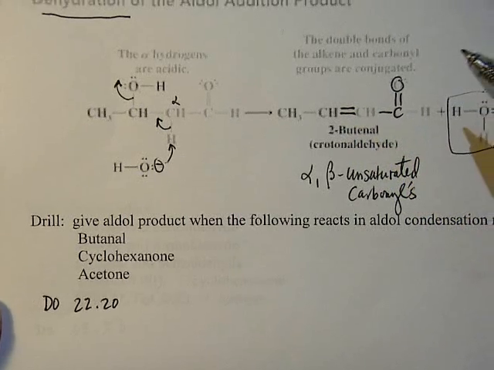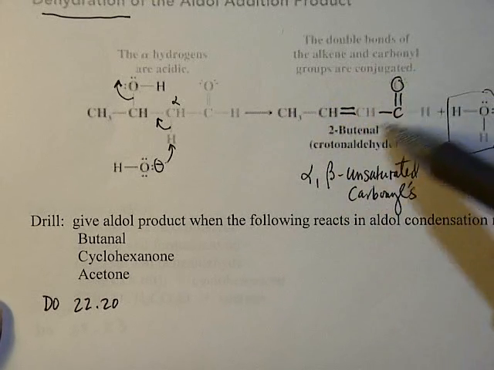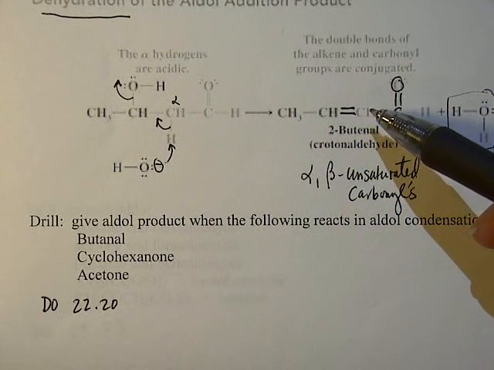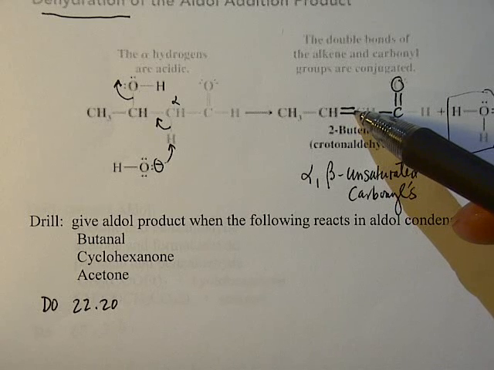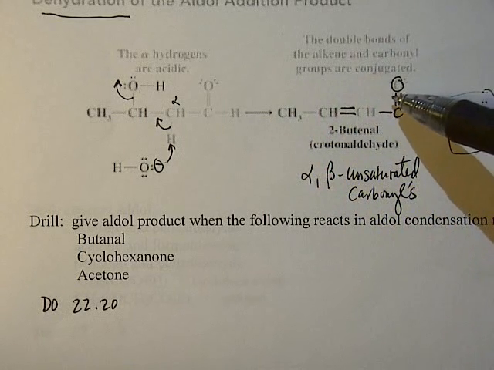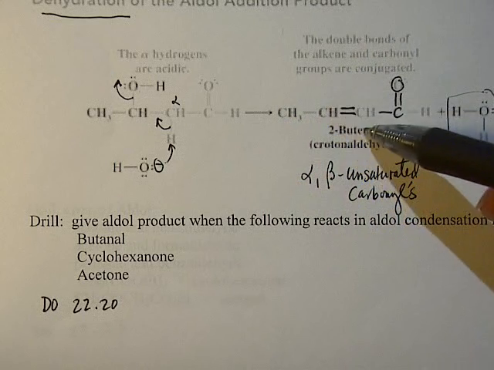All right, and one of the side things that I want to talk about is when you form an alpha beta unsaturated compound, the double bond, if it's in the trans form, like this methyl group is in trans form with this group, so that the hydrogens are also trans.